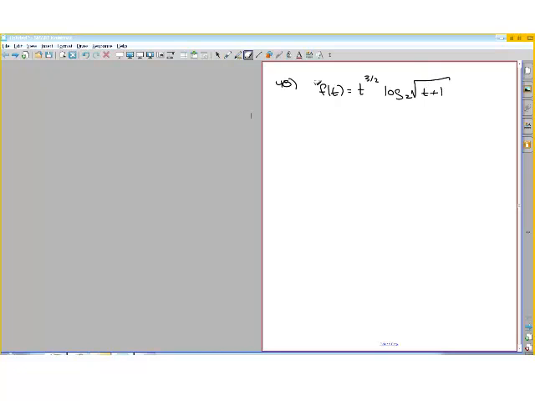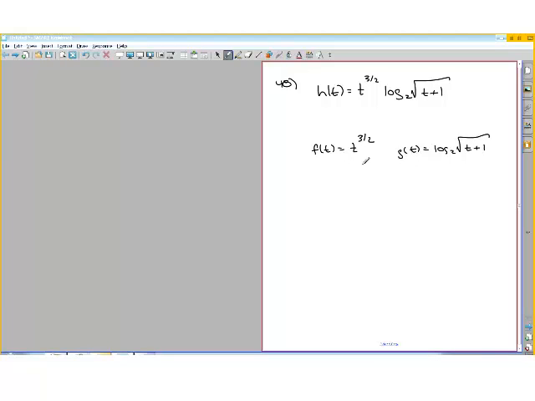And again, I'm going to call that h. So it's a product of this term and that term. So we're going to call f of t, t to the 3/2. G of t is log to the base 2 of the square root of t plus 1.